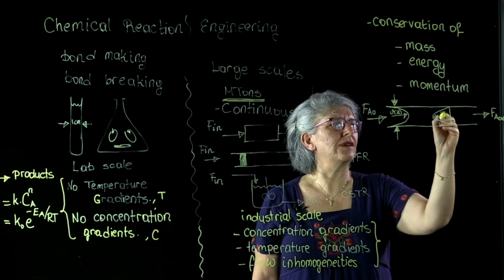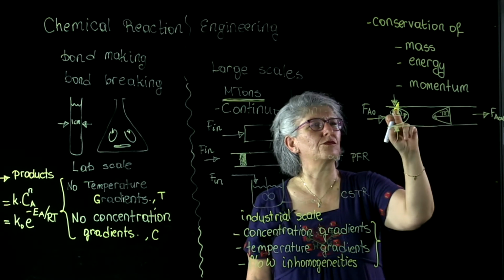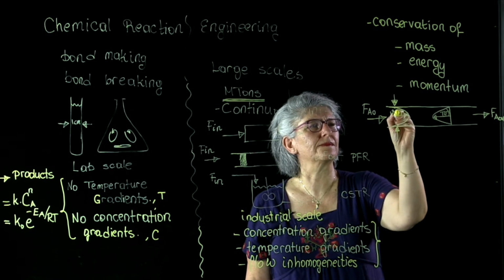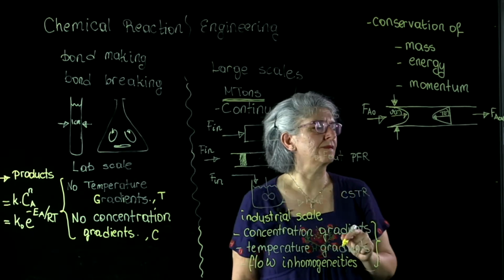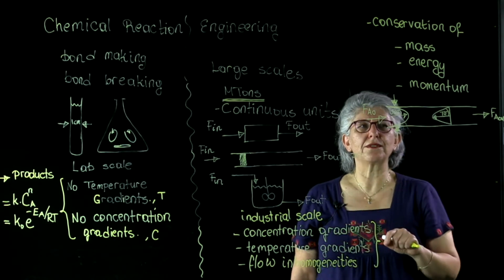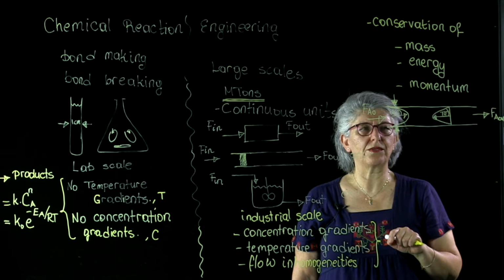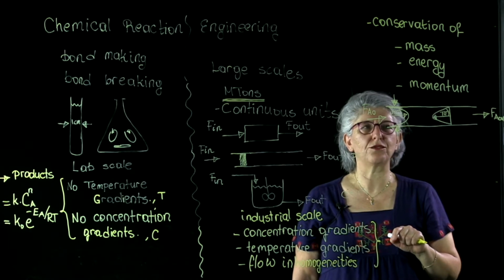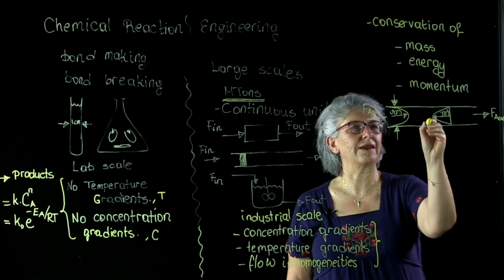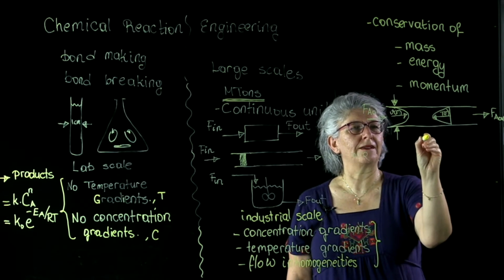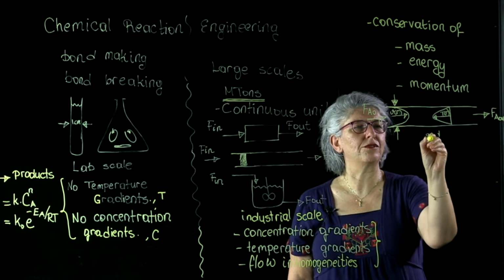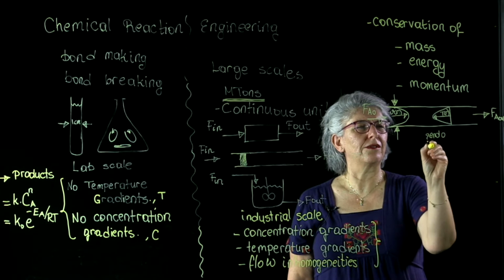T of R, and this is of course V of R. Now ask yourself, if the temperature is decreasing along the radius, whether this is an endothermic or an exothermic reaction, right? So there's a question here: is this reaction endothermic or exothermic?